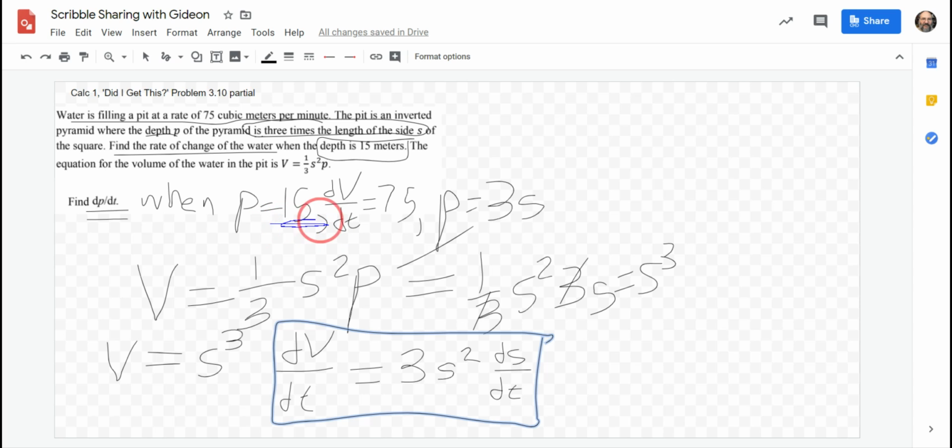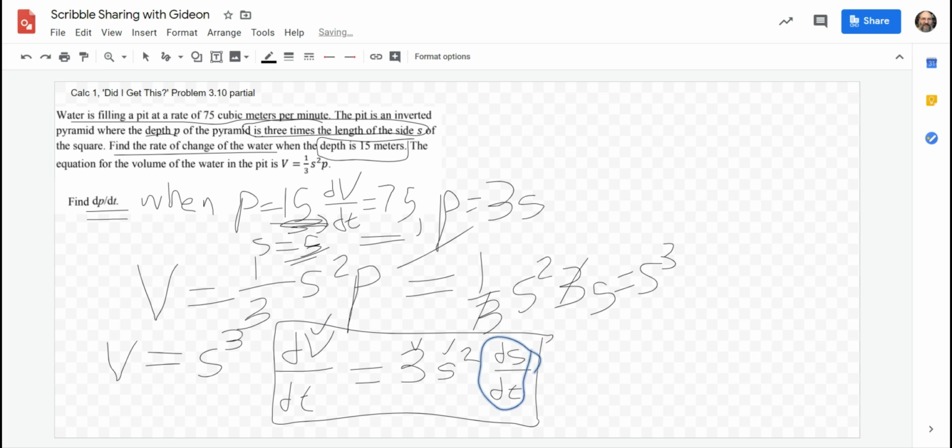We've been given P as a constant, so we can also use P equals 3S and find out that S is 5. So we know the value of S, that's 5, right? 3 is a constant. We've been given dV/dt is 75, so that's a number. So the only thing left in this equation is ds/dt.